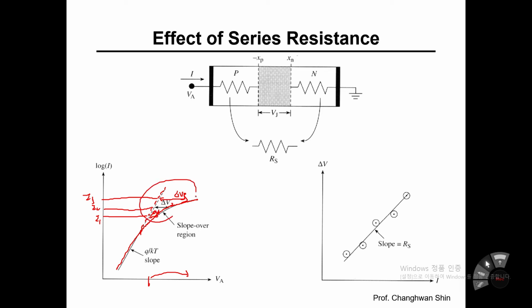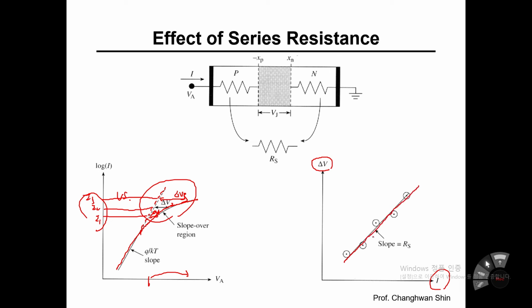And you can rearrange those values, I mean the current value versus delta V value. So here on the y-axis, I put the delta V values. On the x-axis, I have put the current value.